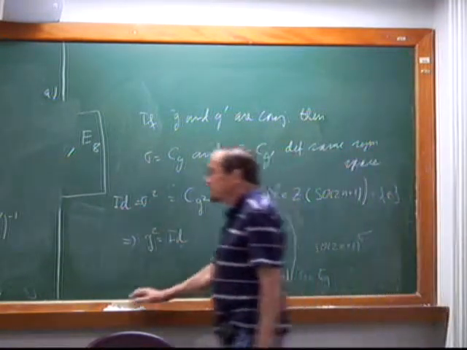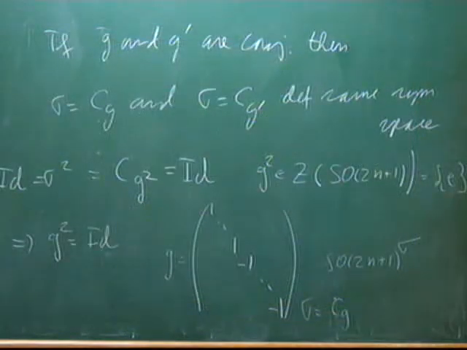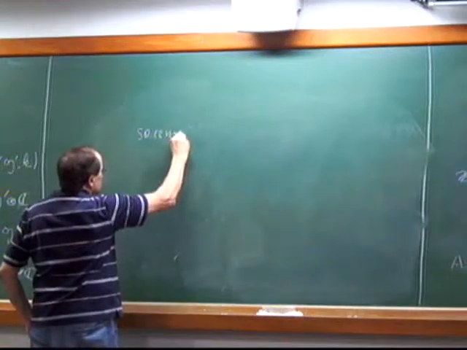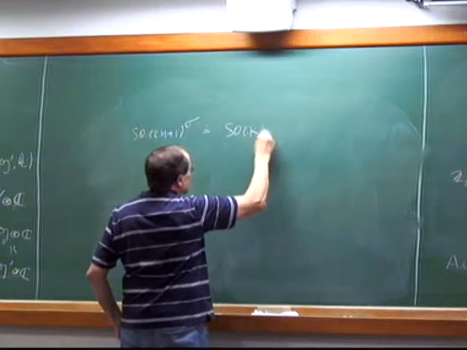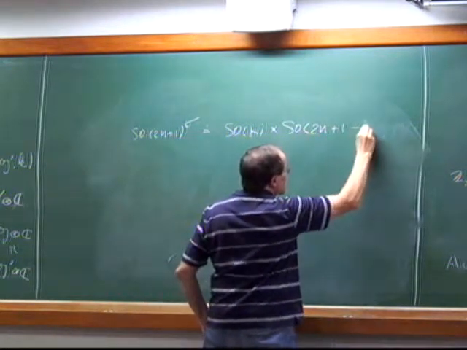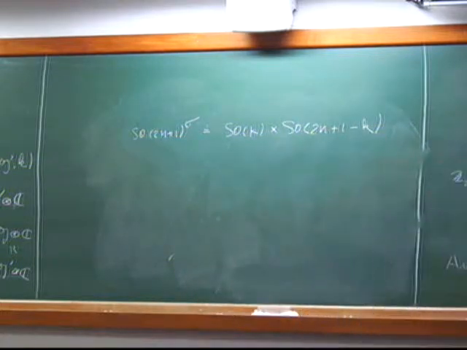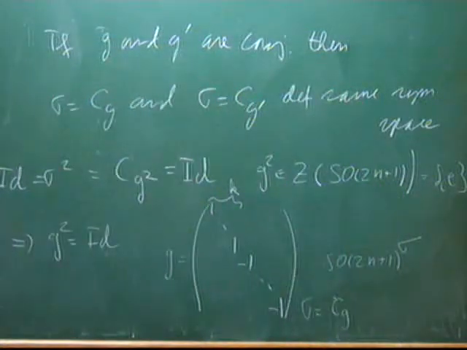That's a Grassmannian. So the fixed set is SO(K) cross SO(2n+1-K). We have K plus signs or minus signs here, right?